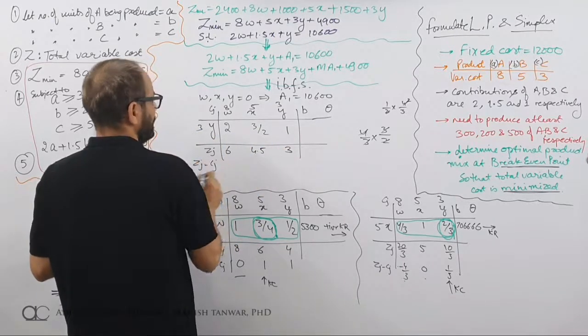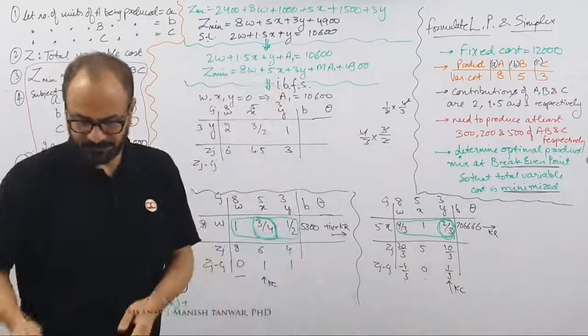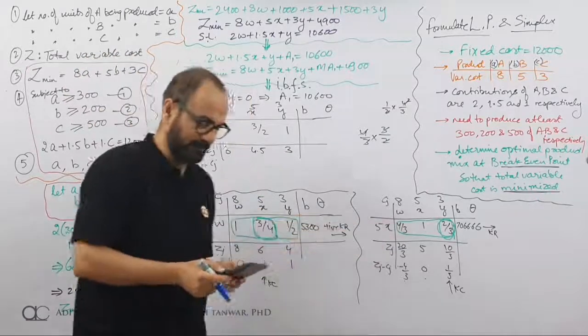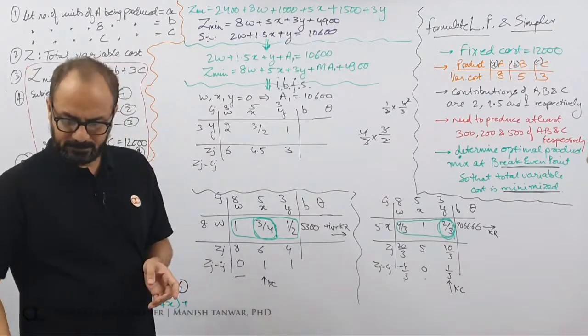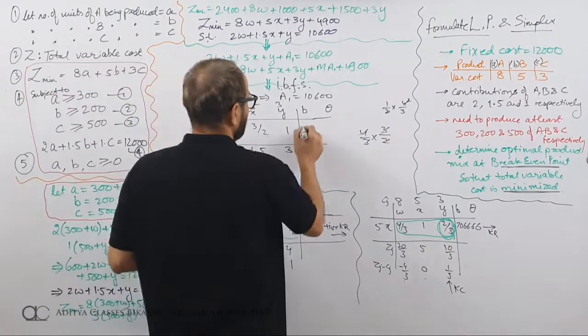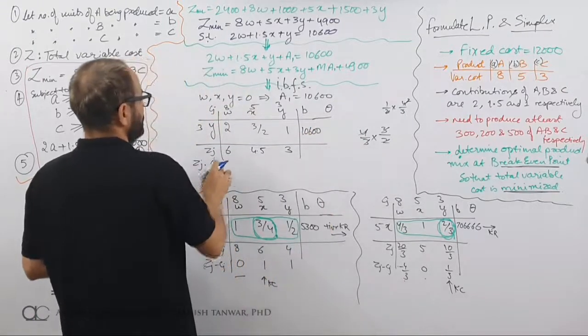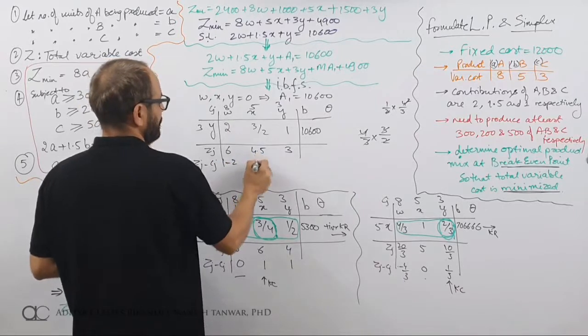Zj minus Cj. 7066 divided by 2 by 3, 10,600. Zj minus Cj would be 6 minus 8, minus 2. 4.5 minus 5, minus 0.5.